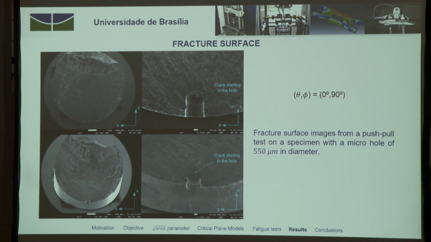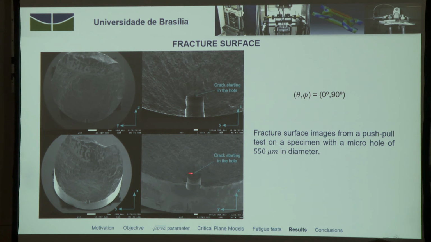The critical plane approach that we used predicts the planes where the fracture will take place. But we observed that because of the micro defect inserted, this plane was not in accordance.